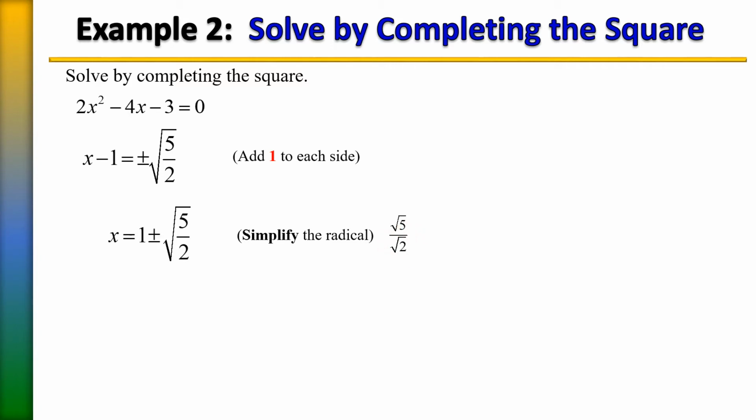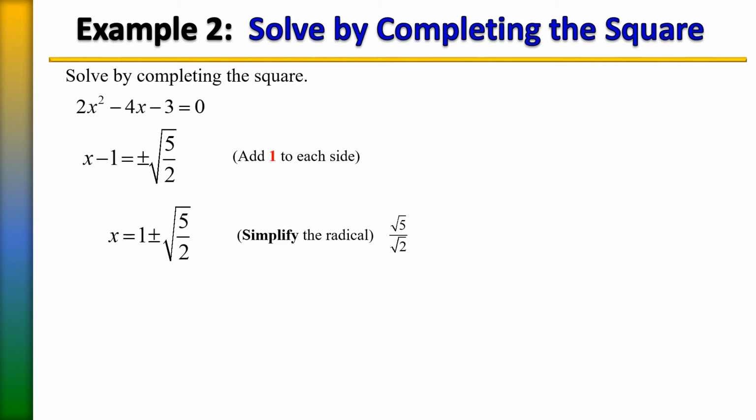So we have to use a process called rationalization, where we find the smallest root that we can multiply the denominator with to produce a perfect square. That would be square root of 2, because the square root of 2 times square root of 2 equals square root of 4, which will equal 2.